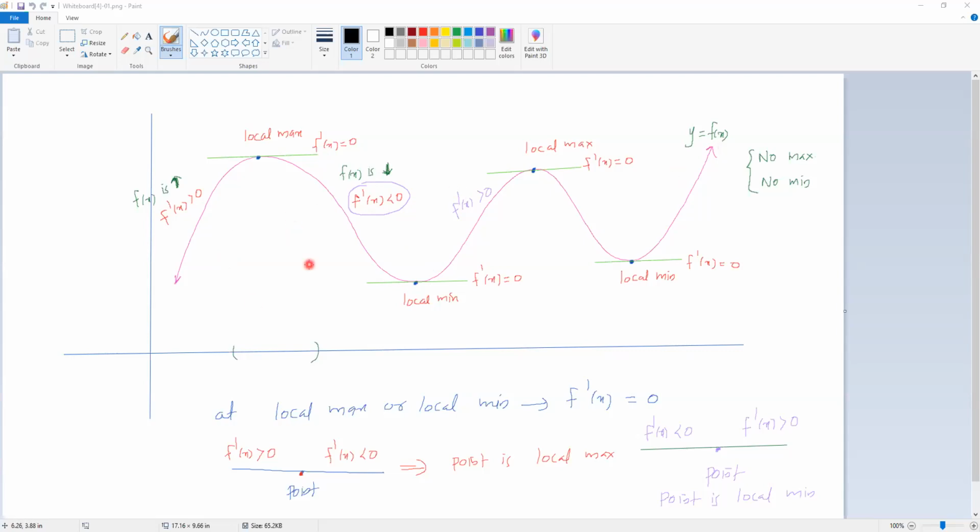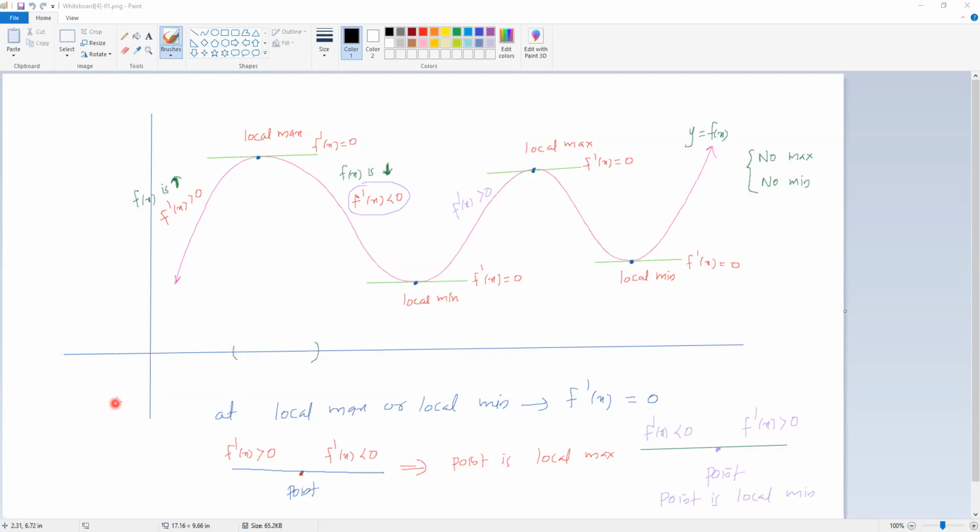It has no maximum value because on the right side the function goes upwards, and on the left side it goes downwards towards infinity, so there is no minimum value.